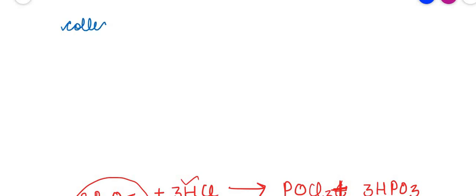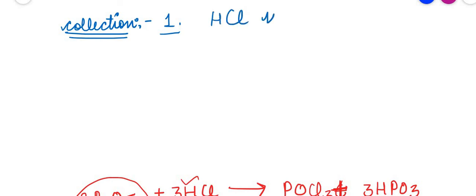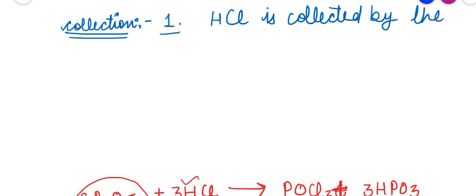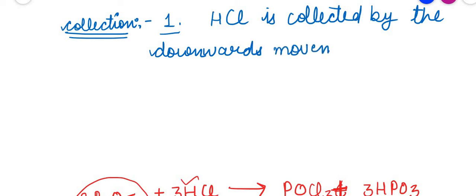So that is the topic of collection. ठीक है, so the collection of hydrogen chloride: the first thing is that HCl gas is collected, and it is very important to remember this, by the downward movement of itself.